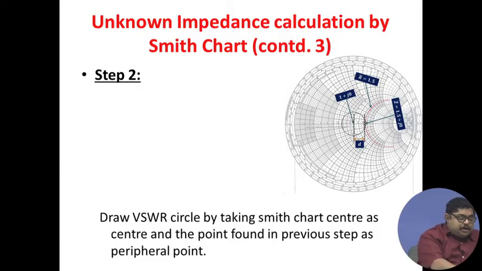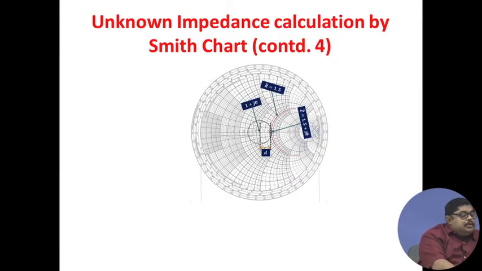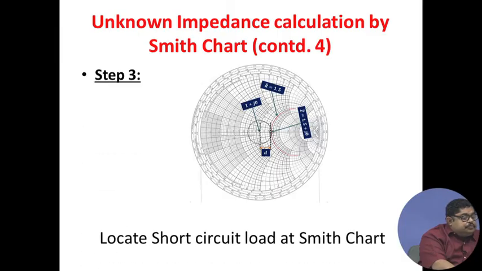So, you can draw a circle. That circle is done. We have measured the VSWR, and the VSWR circle we have plotted on the Smith chart. So, we have done half of our measurement or calculation part.